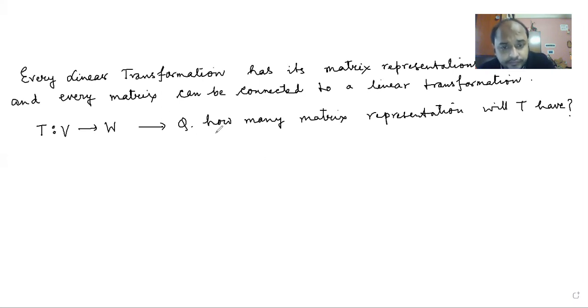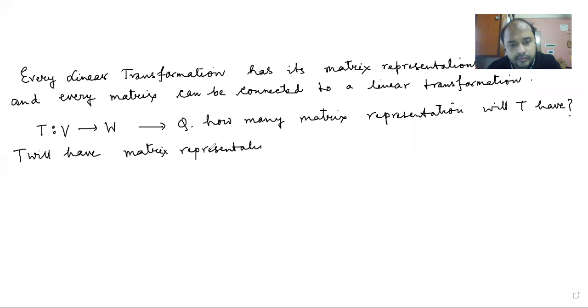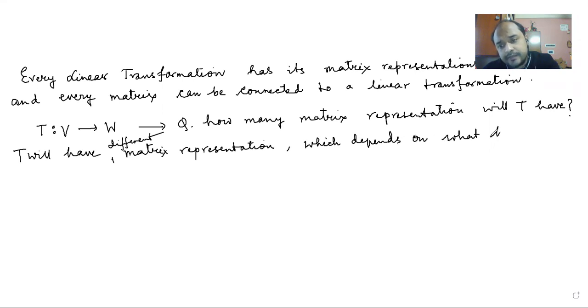Now, the correct answer is T will have different matrix representations, which depend on what basis or bases you are working with.